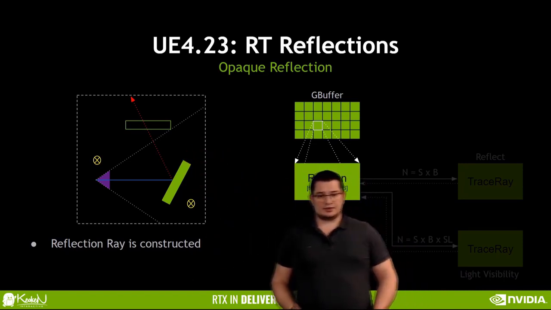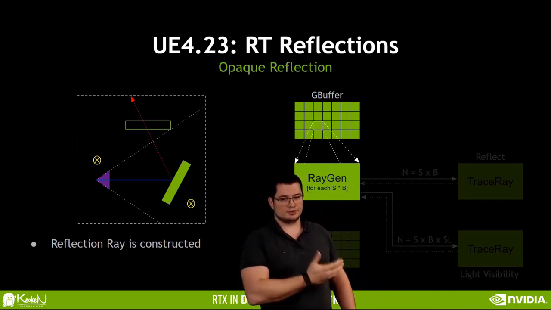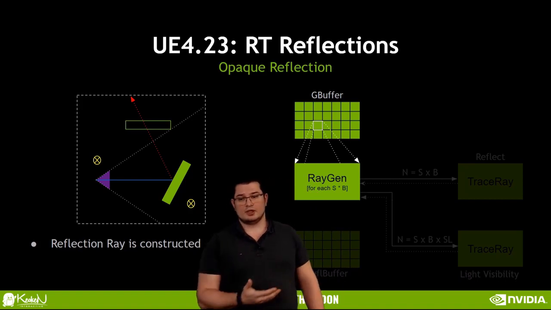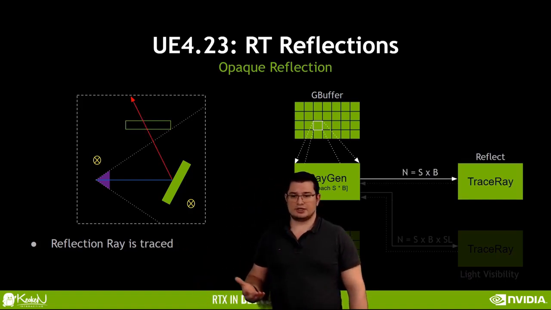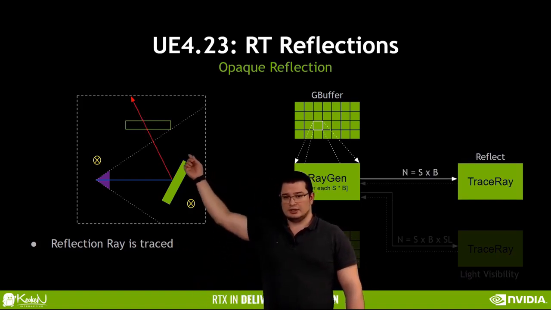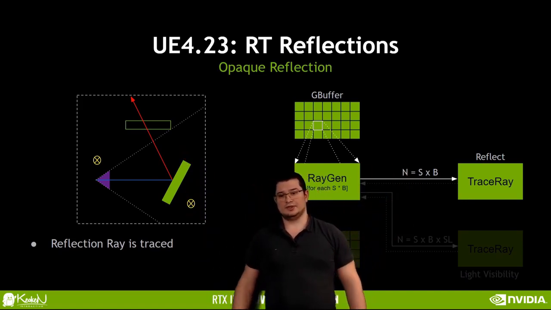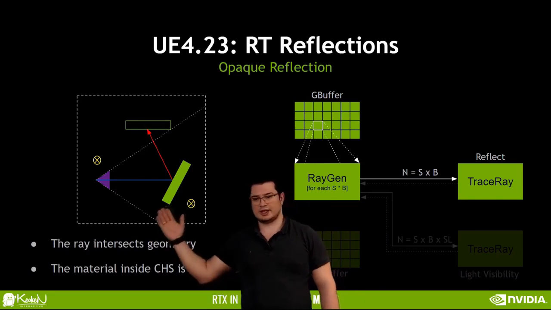Once the ray is constructed, you then use the ray tracing API inside the shader to perform a ray cast. Once the ray is cast, it will be intersected or missed. But in this case, it's intersected.